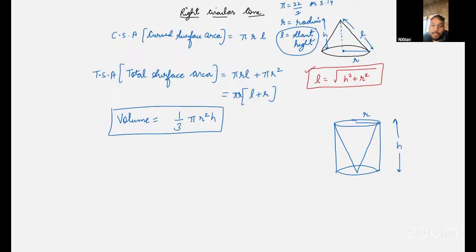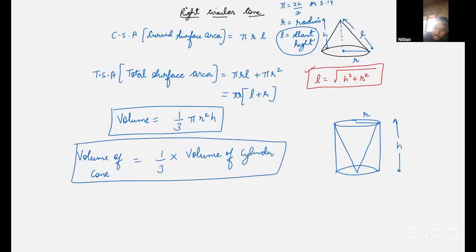The volume of cone is 1 by 3 of the volume of cylinder if it has same radius and same height.